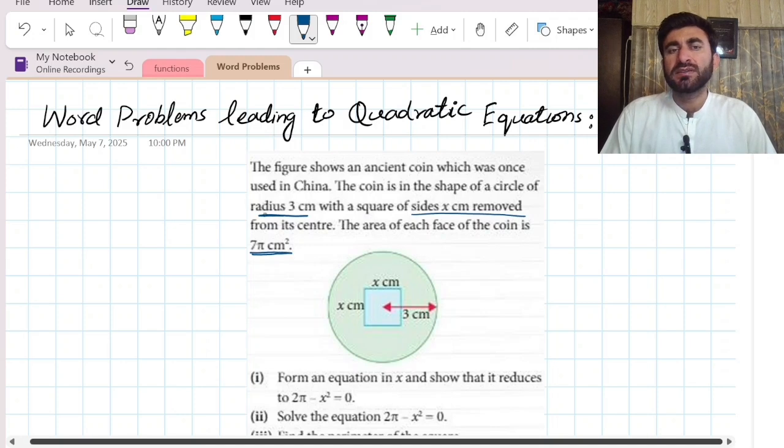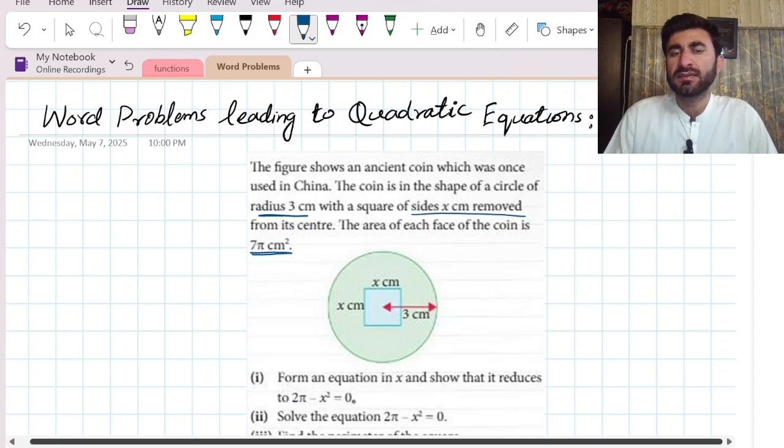So these are the three things given: the radius of the circle is 3 centimeter, the square which is removed from the center has side length x centimeter, and the area of one face of the coin is 7 pi centimeter square.